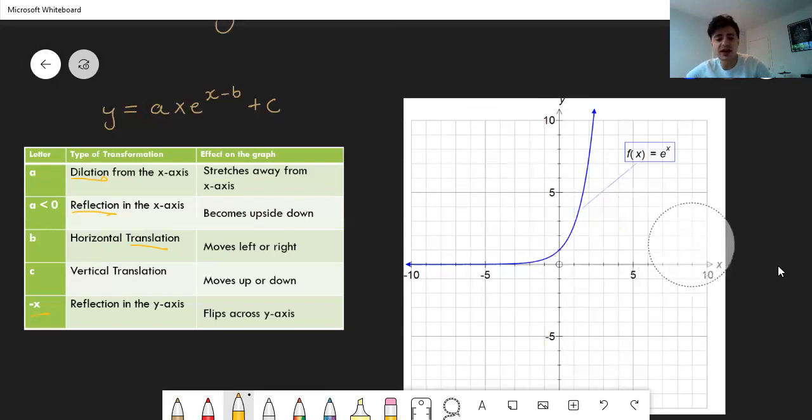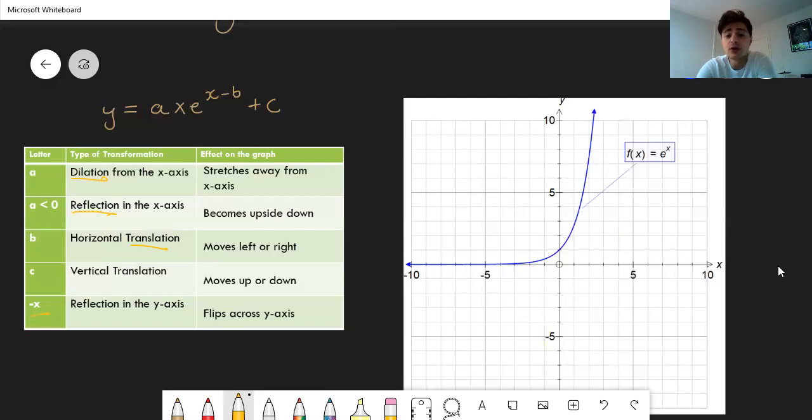So the purpose just for this video now is to just sketch some exponential functions that have had some transformations in them. That's all. There are a few other things we want to look at, such as domain and range and how to state the transformations.